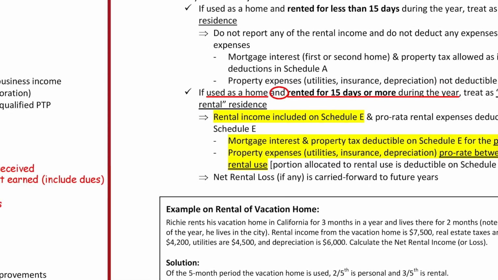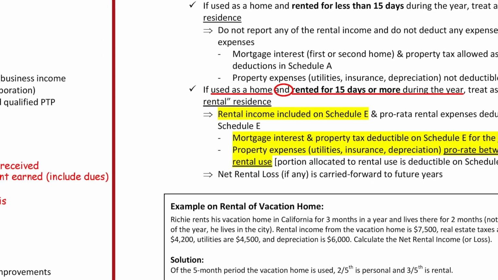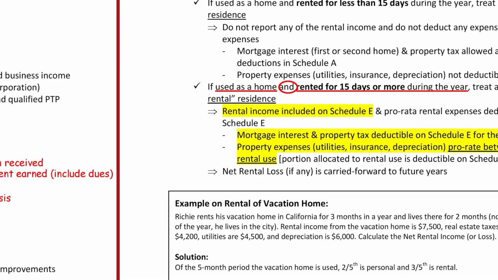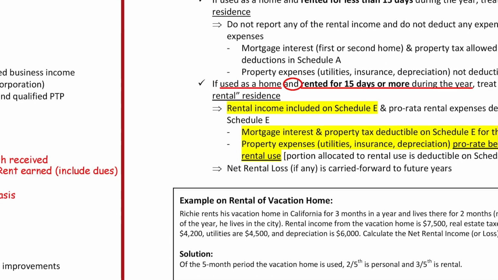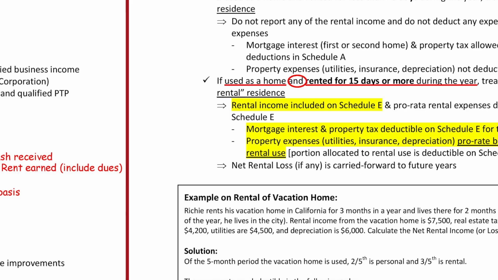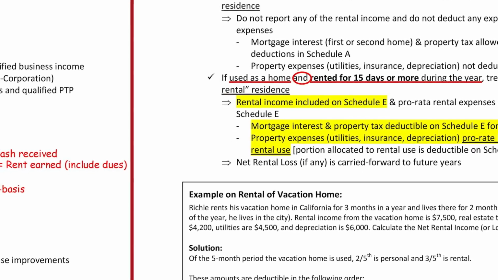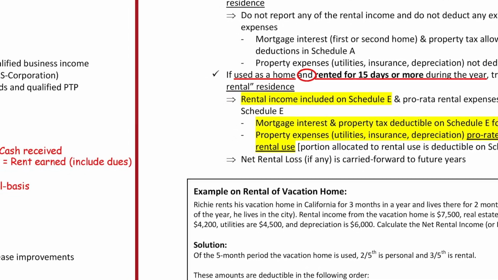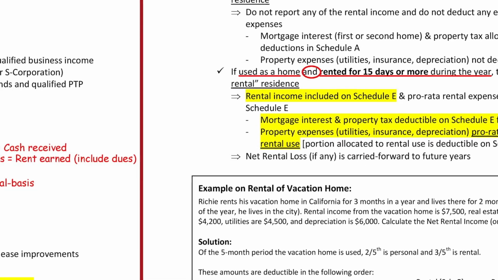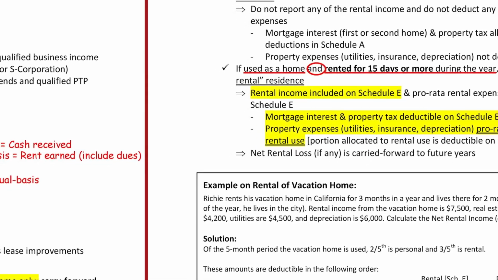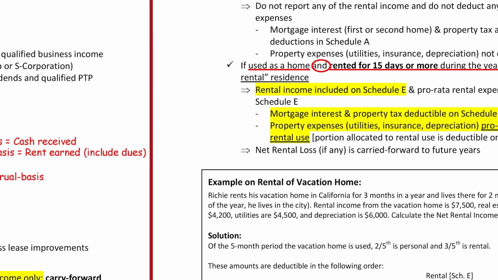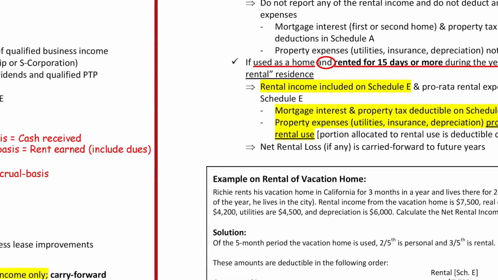For the vacation home, he pays real estate taxes of $3,000. There's interest expense of $4,200, utilities of $4,500, and depreciation of $6,000. And you're required to calculate the net rental income or loss which goes into Schedule E.